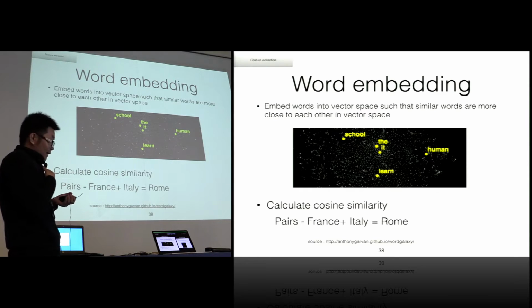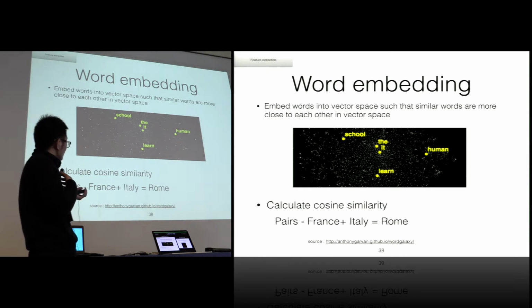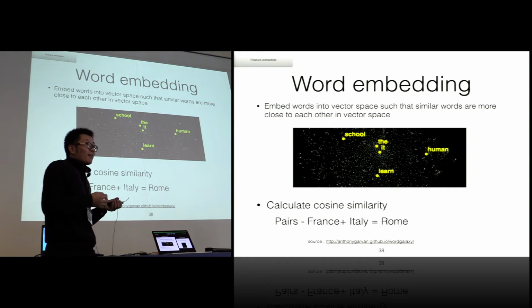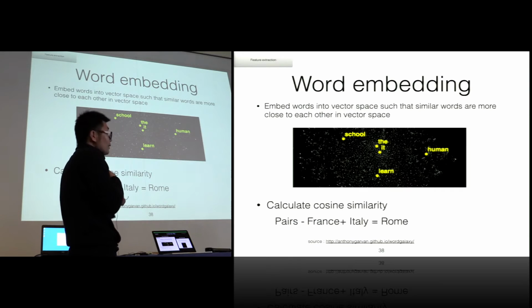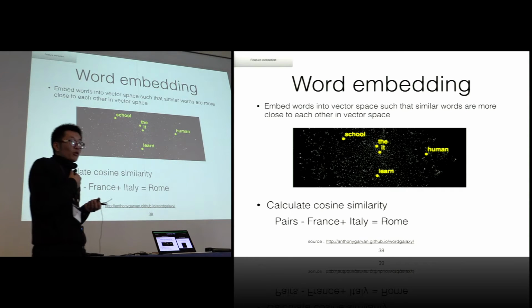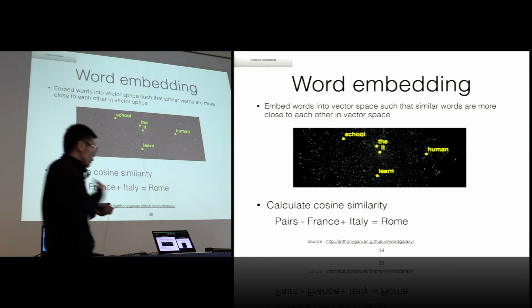A nice example is that if you take the vector of Paris minus France plus Italy, you get a vector very close to Rome. This is ongoing research in natural language processing with deep learning.